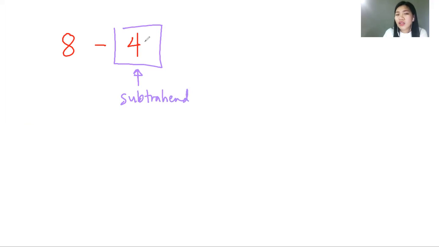If this is positive, definitely we're going to change it to a negative sign. And if it's negative, we are going to change it to a positive sign. Then we will follow the addition rule. So what are the examples for us to understand the subtraction of real numbers? Let's go for the example.